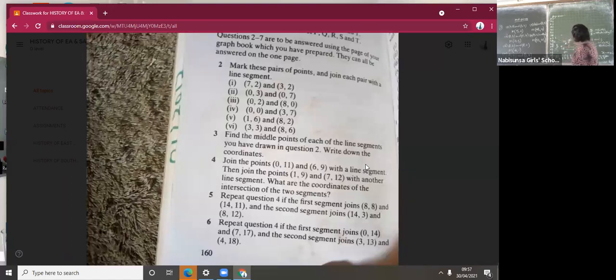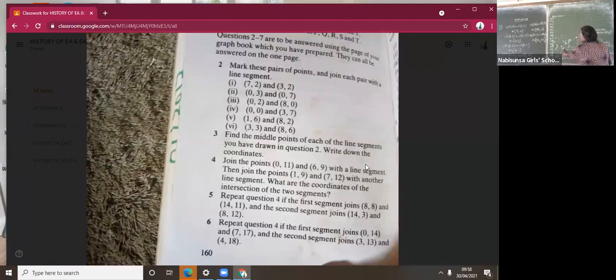From the beginning. Have you plotted the points? Yes. The first one, what are the coordinates? 3 and 3. And the second point? 8 and 6. So we have drawn a line segment joining the 2 points.